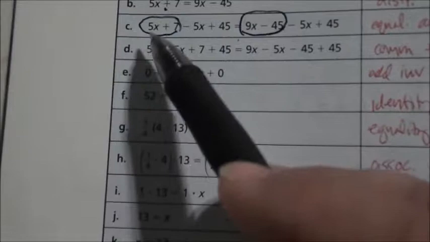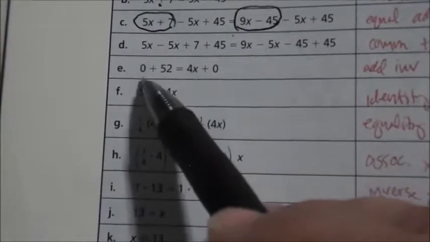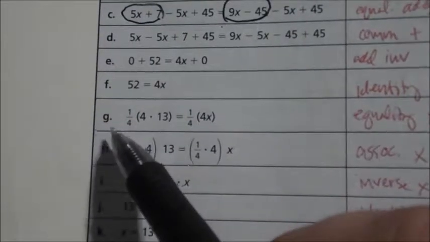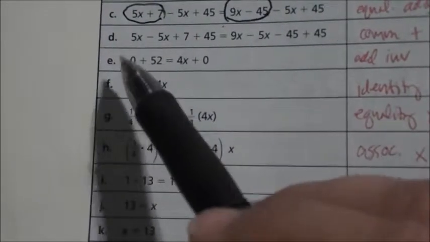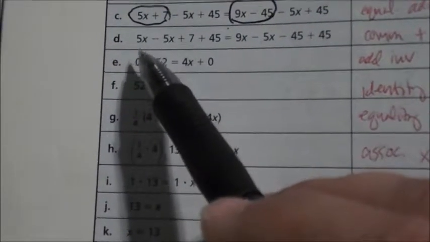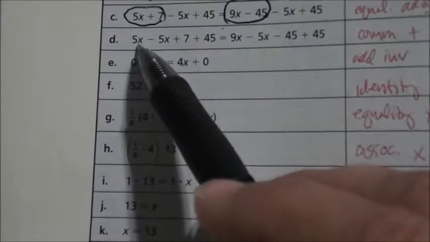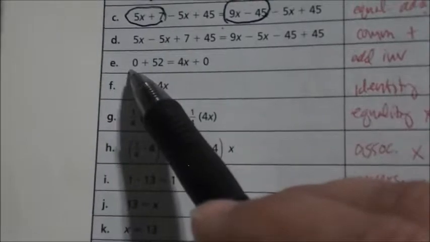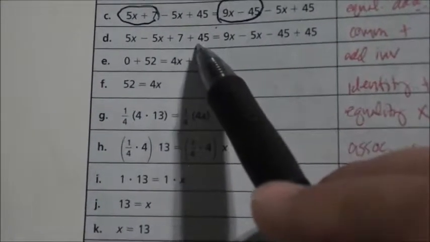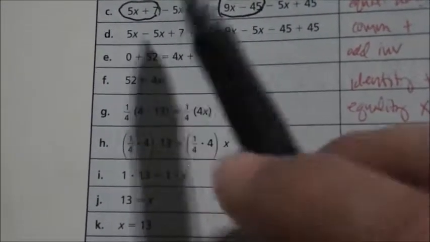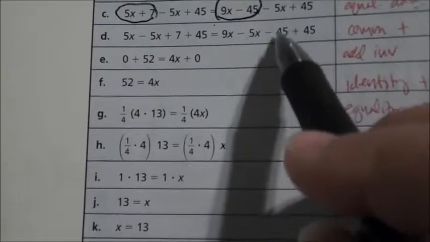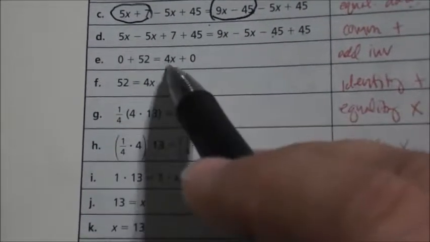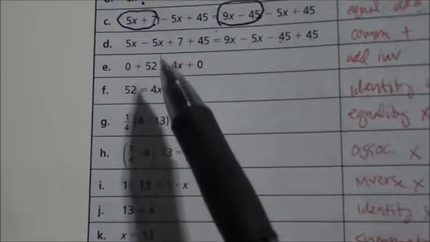Now what happens between D and E? We have a 0. Well, where does the 0 come from? I don't see a 0, so you've got to figure out where they came up with a 0. Well, 5x minus 5x definitely makes a 0. And 7 plus 45 makes 52. And then over here you have the negative 45 and positive 45 equals 0. Combine those to make that. So a couple of things are happening.